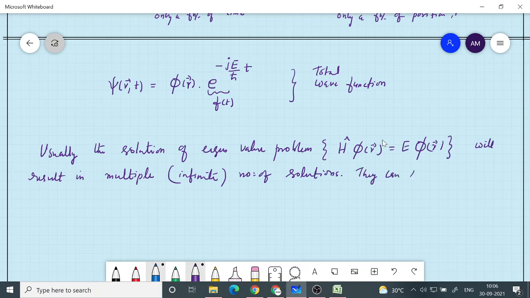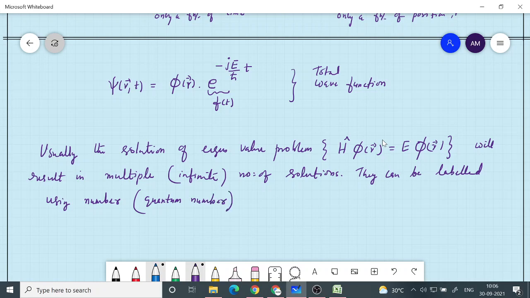Each of these solutions can be labeled using a number, and this is what is usually called the quantum number.